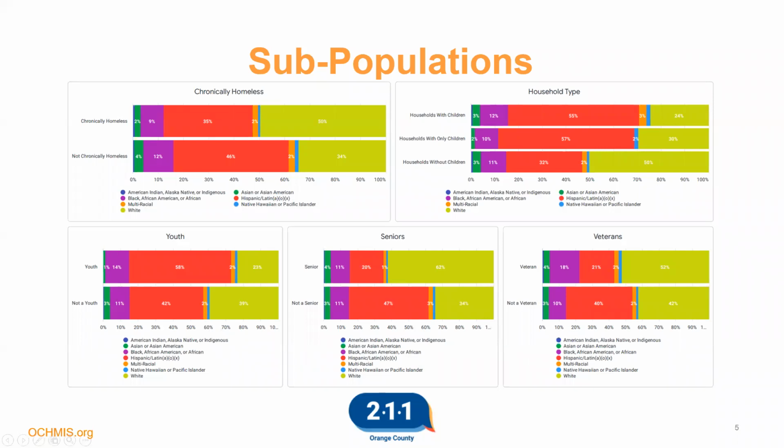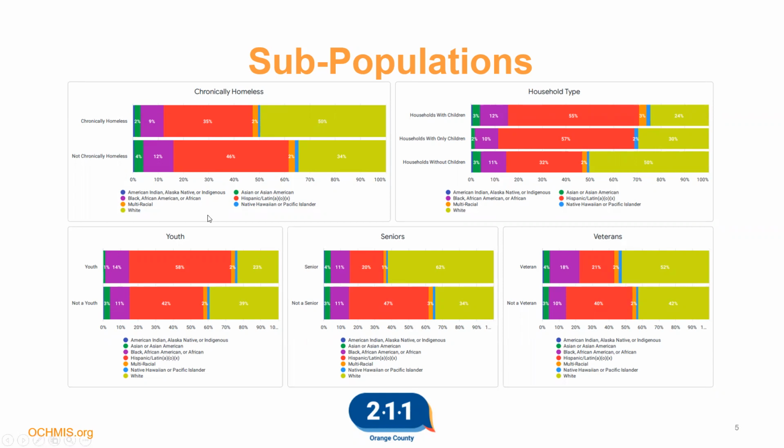If they don't identify as Hispanic, then they are counted under whatever race option they selected. And that guidance came from C4 Innovations, which is a group that our COC has been working with to review racial inequity data.